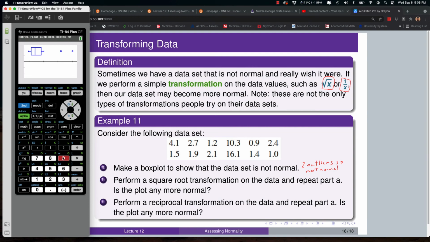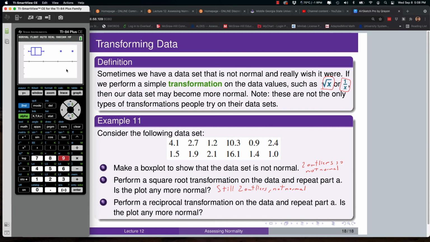And it looks like we still have 2 outliers in there. All right. So the box looks a little bit more widespread out here. So the box is improved, but we still have the outliers. So yeah, that didn't fix the issue. There are still 2 outliers. Not normal.